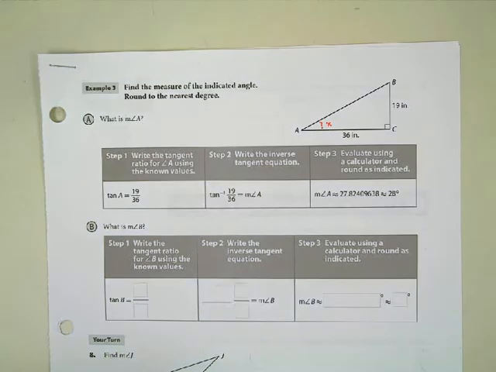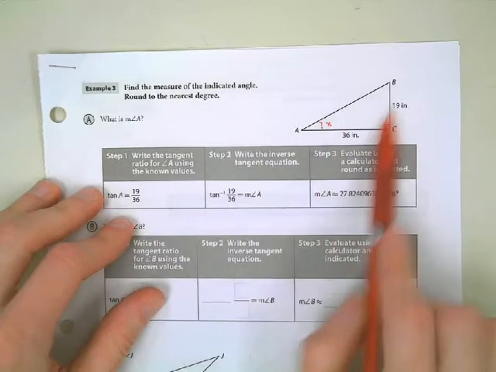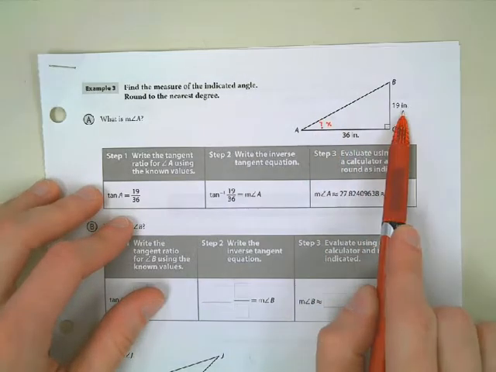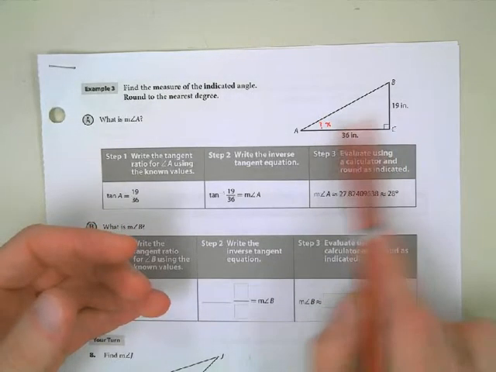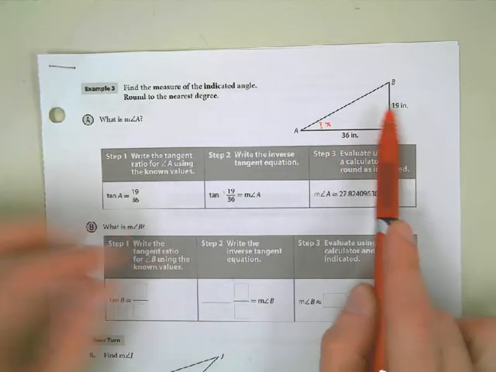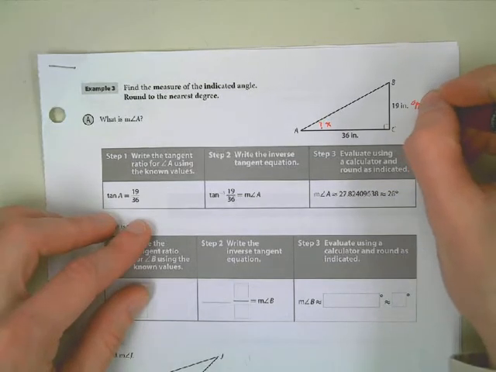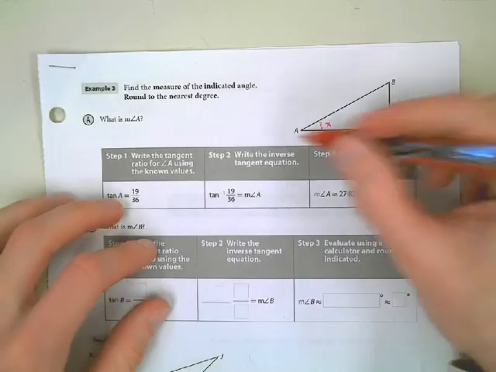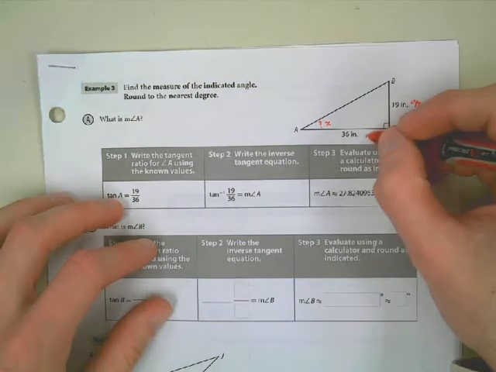Okay? Now, with the information that we have in this triangle right here, we have this side, and what would we call this side? Is that the opposite leg to x? Is that the adjacent leg, or is that the hypotenuse? So it's the opposite, okay? That's right. So if you want to label it that way, you can call it opposite, or if you just remember that, that's fine. And then what is 36 in relation to the x angle there? Adjacent.